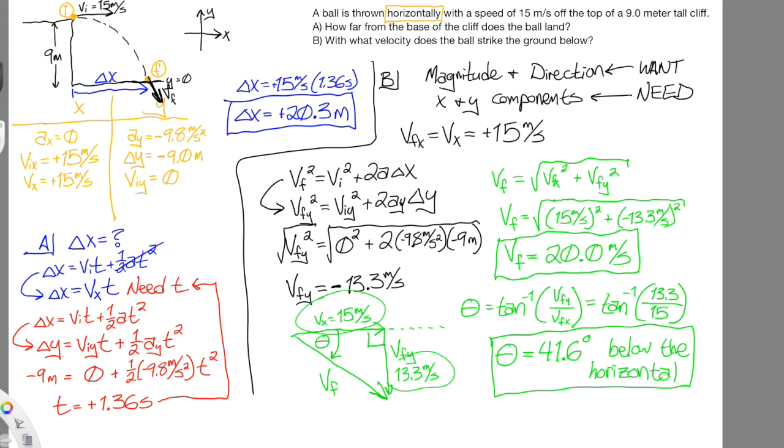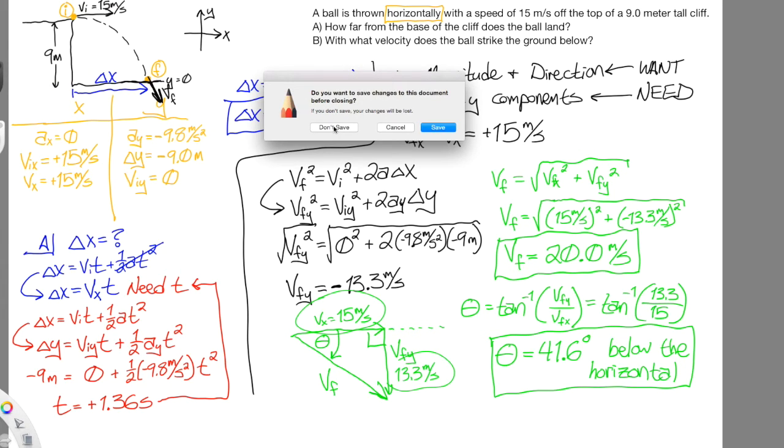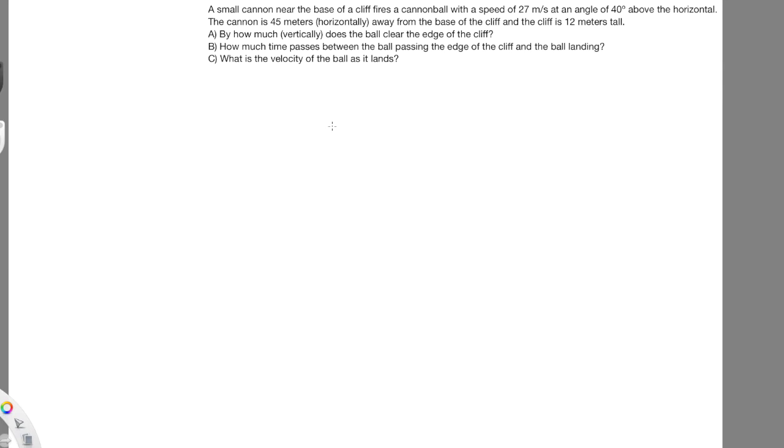So now let's move on to the second problem. Again, we're going to continue this fascination with cannons that I seem to have, and we're going to fire a small cannon from the base of a cliff, fire a cannonball with a speed of 27 meters per second at an angle of 40 degrees above the horizontal.